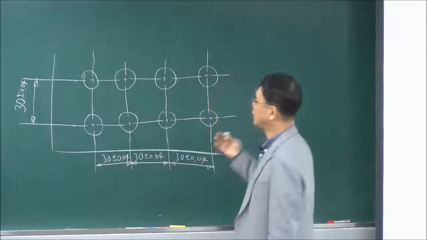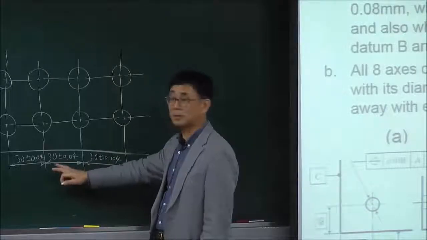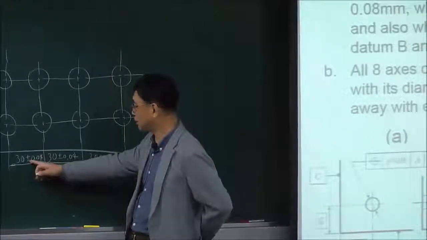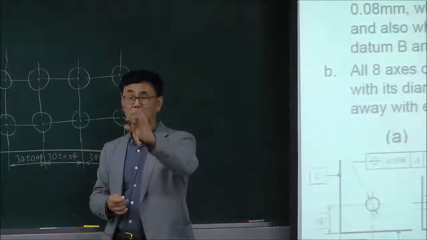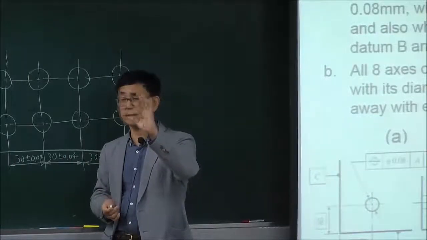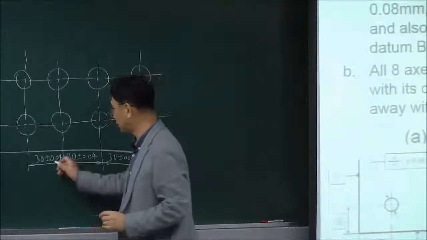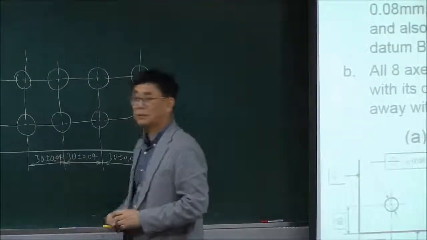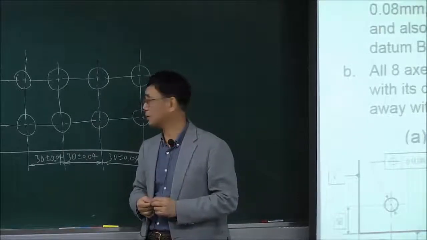Then you may think that by assigning the dimensional tolerance like this, yeah, of course, plus minus 0.04, the allowable range is 0.08 millimeter. So a very tight dimensional tolerance.